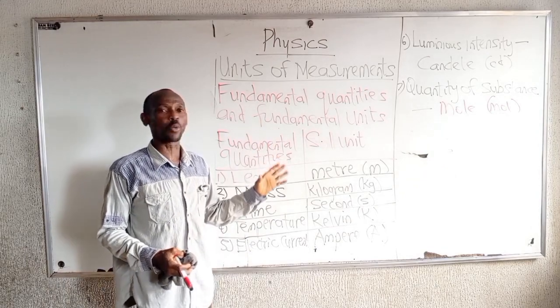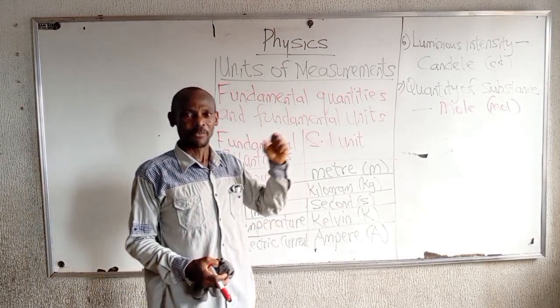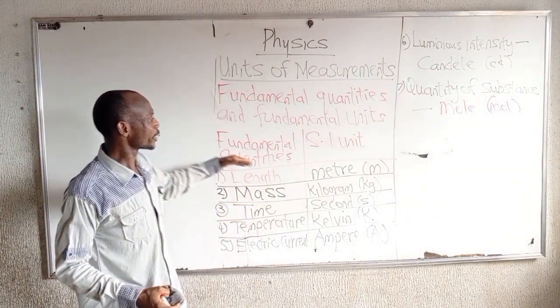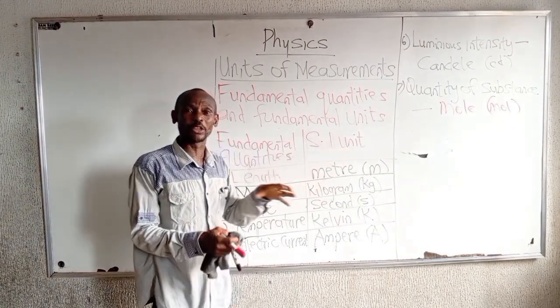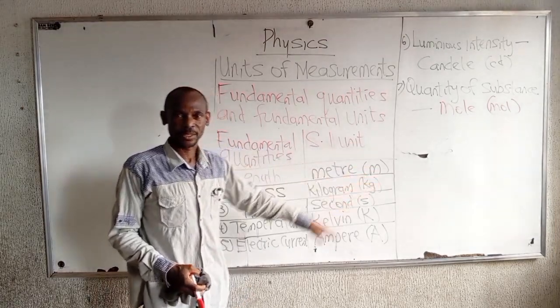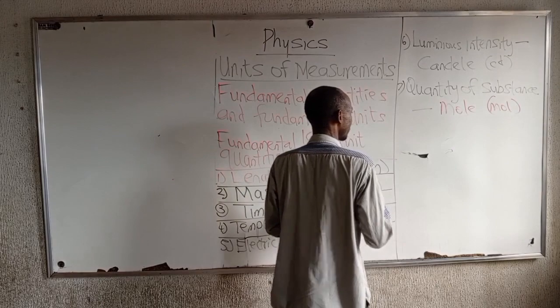These are the basic fundamental quantities and their fundamental units. Now, their fundamental units are usually referred to as the SI units. So we are going to look at derived quantity.